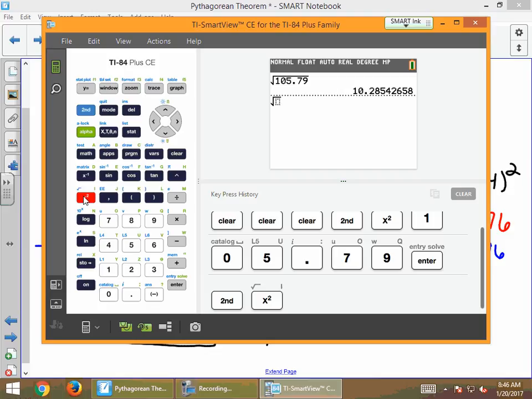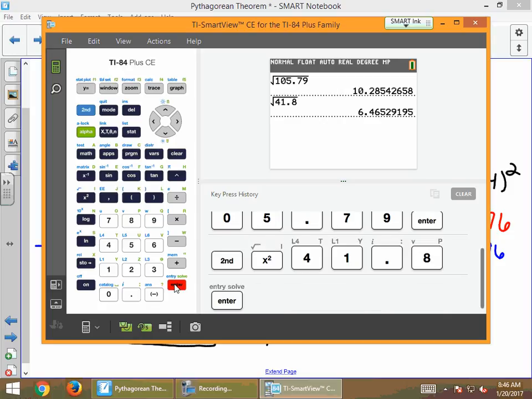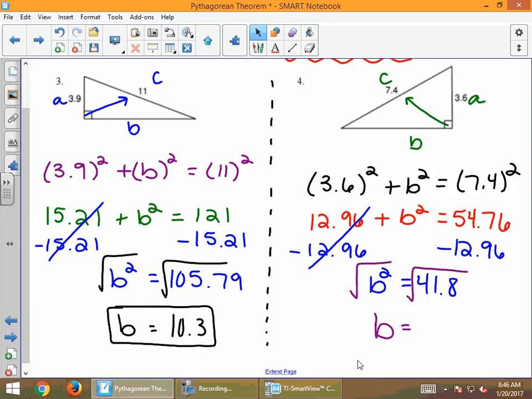And then type in that number, 41.8, and hit enter. Okay? So again, we want to round to the nearest tenth. That's one decimal place, so we have 6.4. Look at the number after it, that's a 6. That 6 bumps that 4 up to a 5. Our B will be about 6.5.